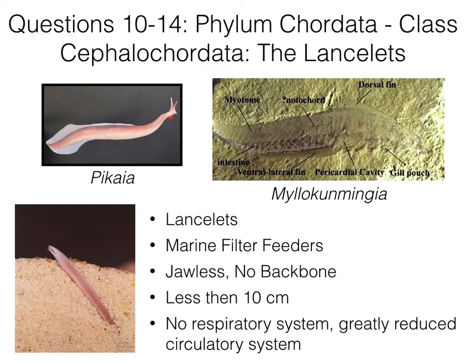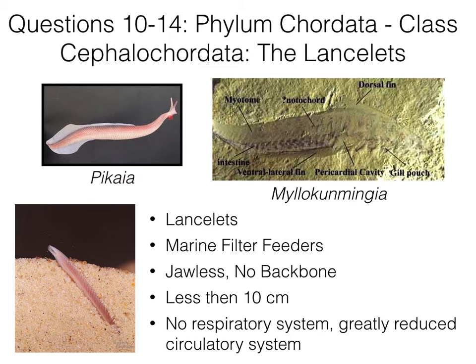You can find them in temperate and tropical oceans, marine waters, salt water all over the world. They're pretty small. They're all less than 10 centimeters, right? So no more than 3 or 4 inches long. They bury themselves in the sand, basically sticking their head up out of the sand, and they are filter feeders, pulling tiny things from the water to feed on.